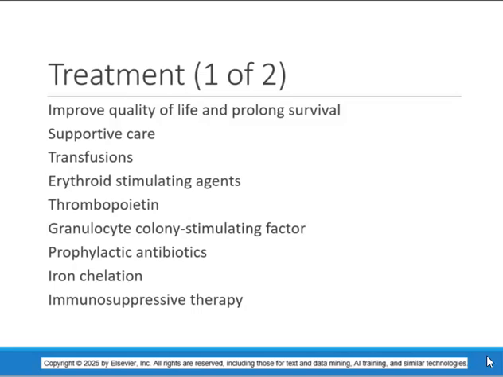You might have to give them some antibiotics, because they get infections easy. Like you saw from the ring sideroblast, they got too much iron, so they might have to chelate their iron. Or it could be immunosuppressive therapy. The antibodies are just causing a nightmare throughout the entire system. So again, monitor the patient, see what's going on, and the treatment will change. It's almost like daily.